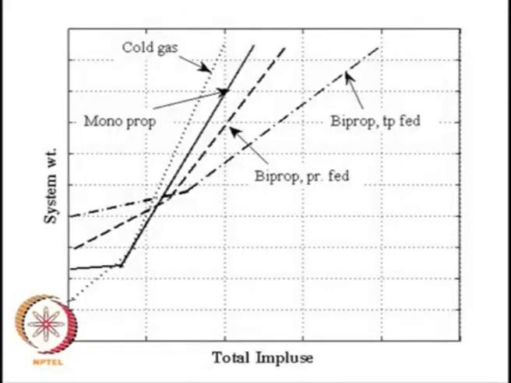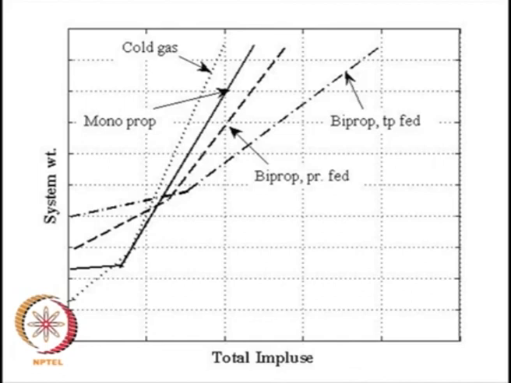So therefore the system weight is going to increase, and that is why you will find that beyond a certain fraction of the impulse, if you use a pressure fed system, then it will not be very beneficial. Its system weight is much higher than compared to something like a pump fed system.